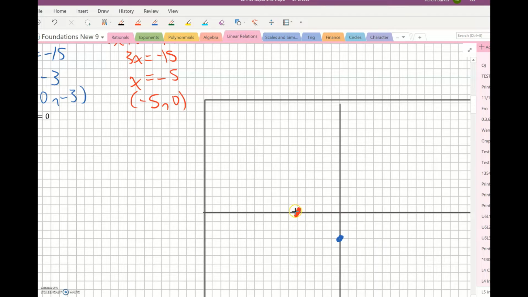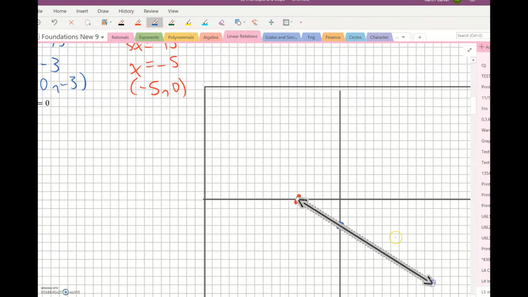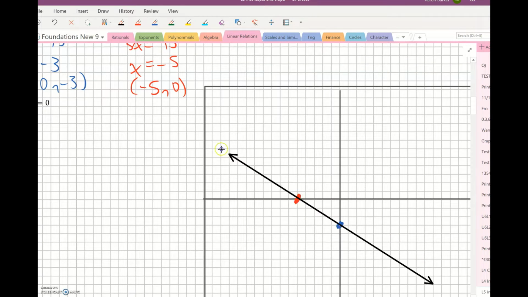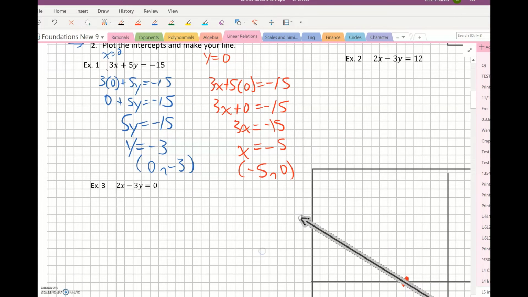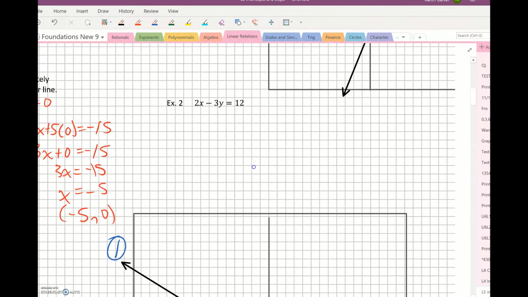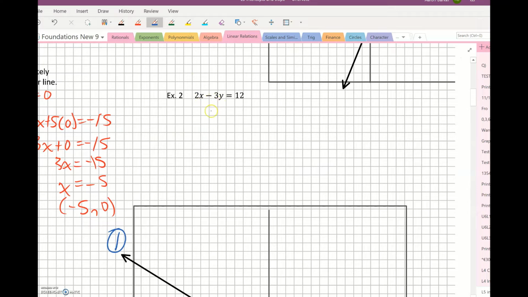Again, lines should be nice and long. Don't make a short line. I like mine to go over the edge of the grid. I'm going to write the equation on this as example 1. Good. Next one, 2x minus 3y equals 12.